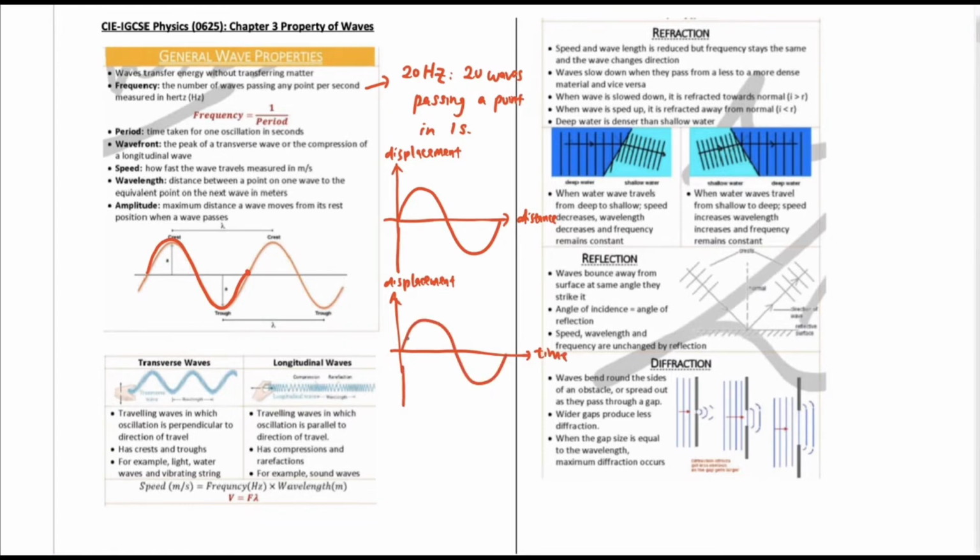Okay. So we have to know that if they give distance as the x-axis, then what we get from one wave is the wavelength. The wavelength, lambda is the symbol for wavelength. If they use time as the x-axis, then what we get is the period.